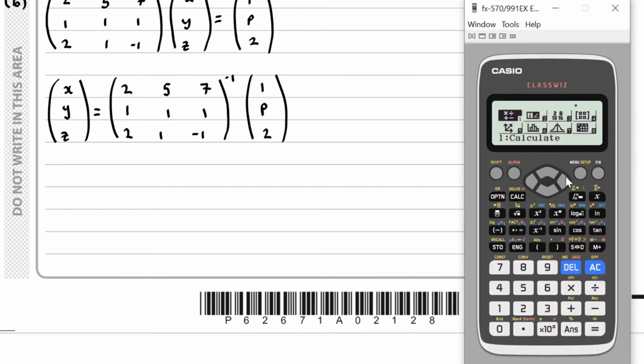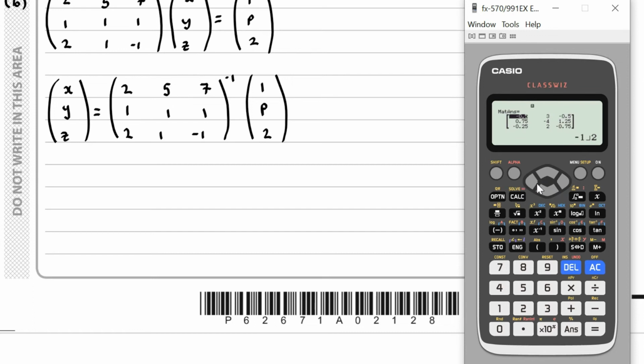So on our calculator, if we go to the matrix mode, define matrix A with 3 rows, 3 columns, we've got 2, 5, 7, 1, 1, 1, 2, 1, minus 1. So if we load up that matrix and then take the inverse of it, you can see here we've got this matrix here.